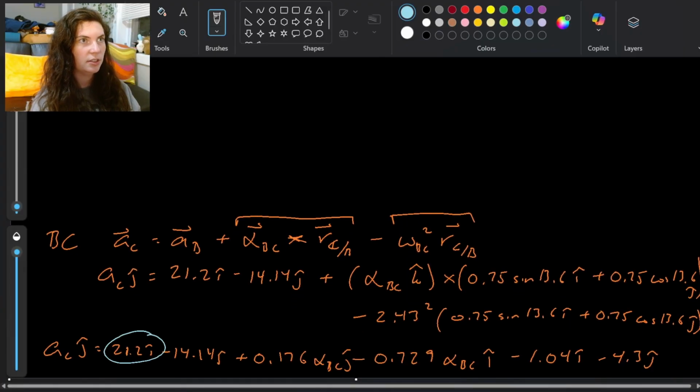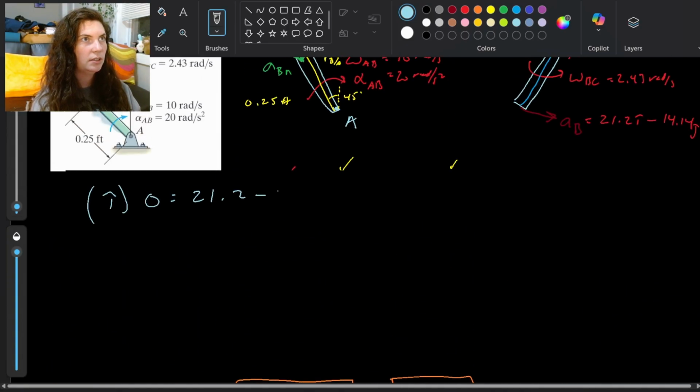Here's an I term, here's an I term, here's an I term. So minus 0.729 alpha minus 1.04. That's perfect, I can solve this for alpha. I can plug it into my calculator and get that alpha BC is 27.7 radians per second squared.